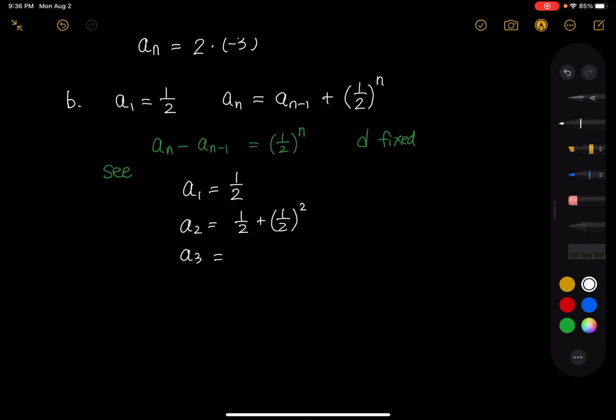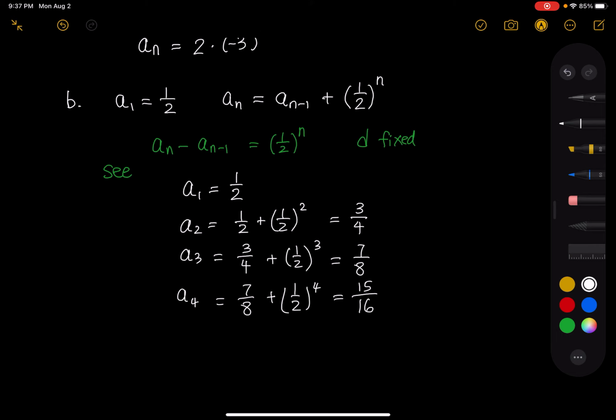When you calculate a_2, you get 3/4. Then a_3 is 3/4 plus 1/2 to the third power, and if you calculate that, you get 7/8, and so on. Maybe I can write one more. a_4 equals 7/8 plus 1/2 to the 4th power, and that is 15/16.